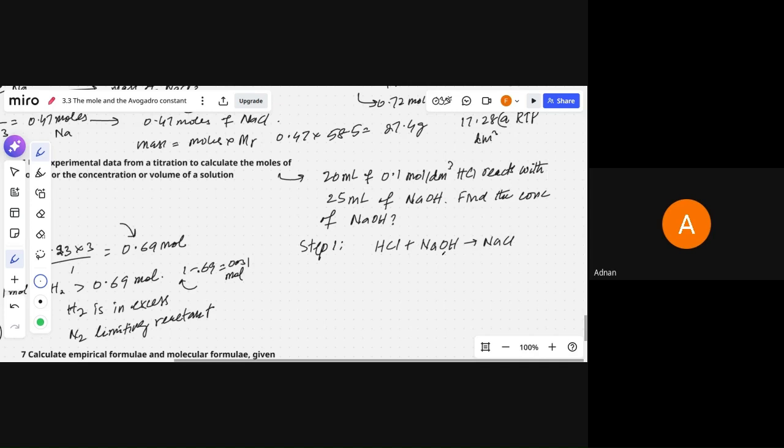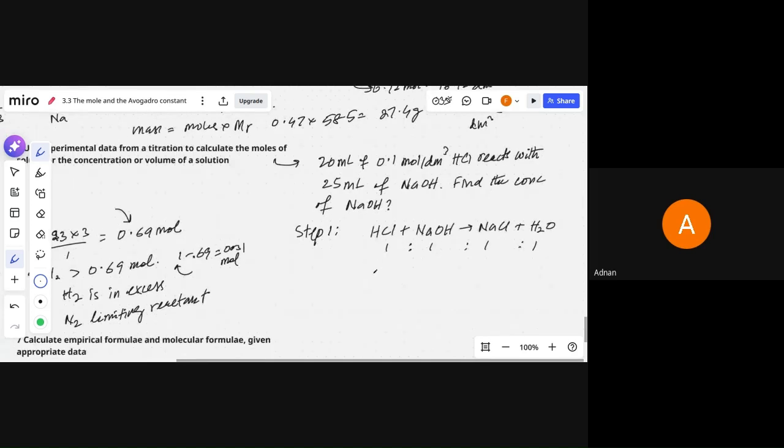HCl plus NaOH gives NaCl plus H2O, and the equation is balanced: two hydrogens, one chlorine and one sodium on each side. So the mole ratio is 1:1:1:1.